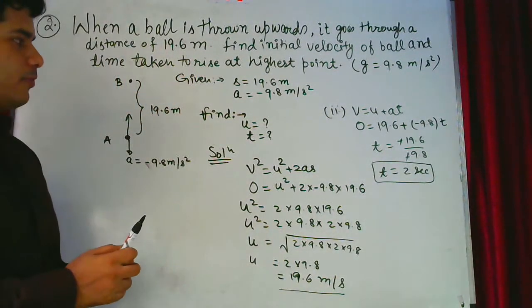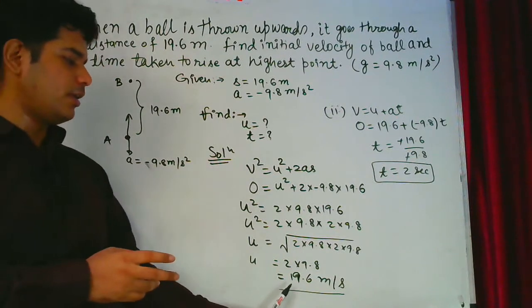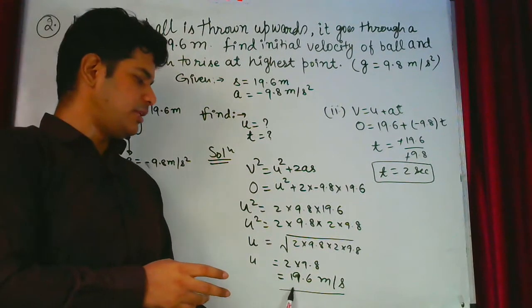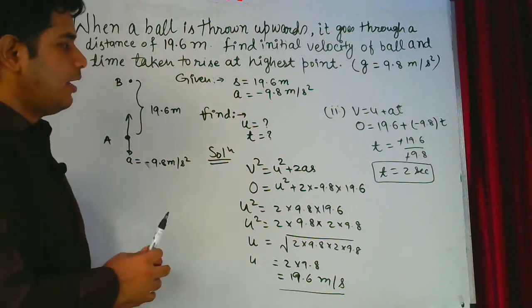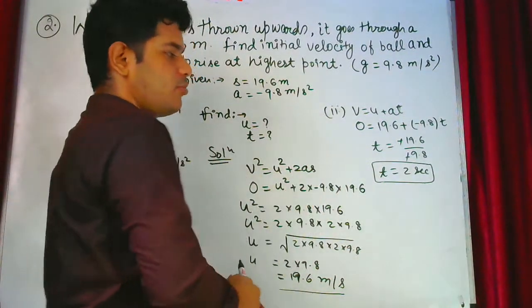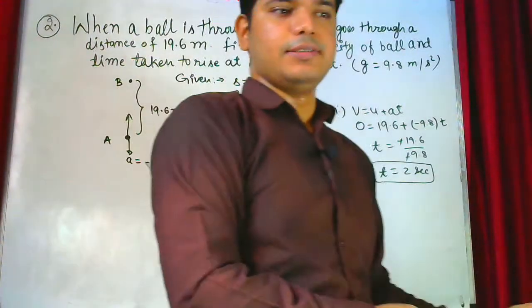I hope you got your answer. The initial velocity is 19.6 meters per second, and the time taken to reach the highest point is 2 seconds.